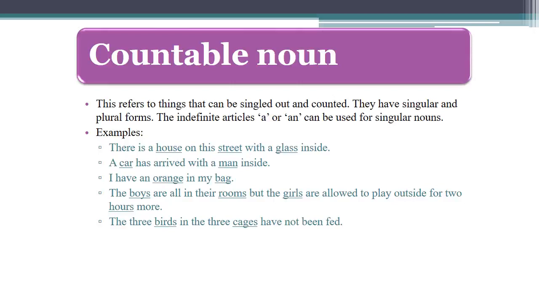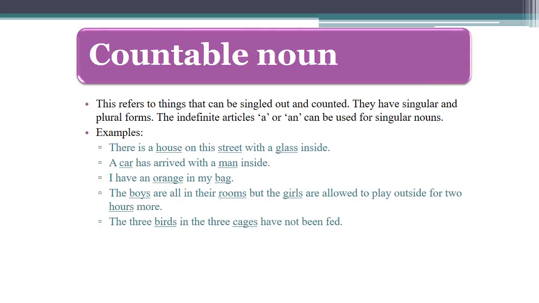The boys are all in their rooms, but the girls are allowed to play outside for 2 hours more. The 3 birds in the 3 cages have not been fed. So each of these sentences has countable nouns.